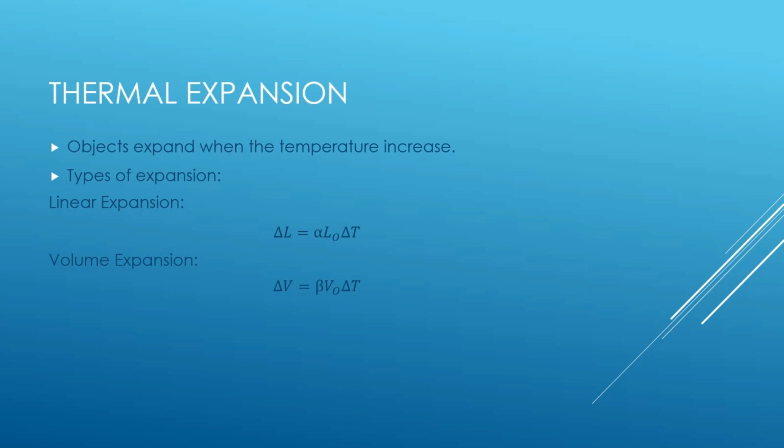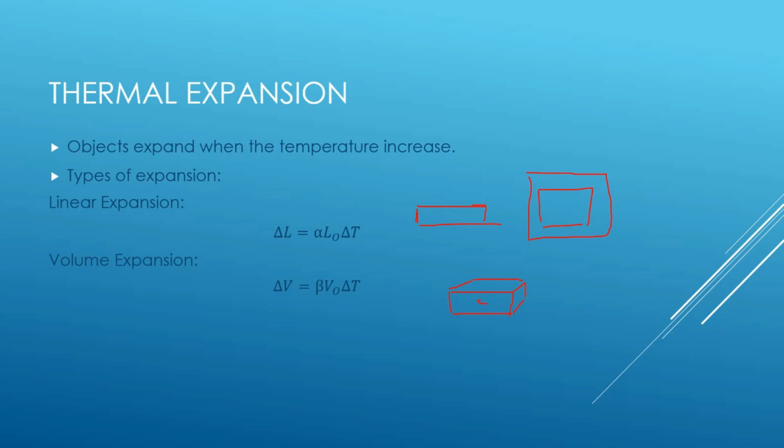The difference is that linear only measures the length or the width of the thing, for example a cube, to see if the length is getting bigger or not. The volume is in 3D, so it is to see if there is any expansion in the volume, the inside of the material or object.